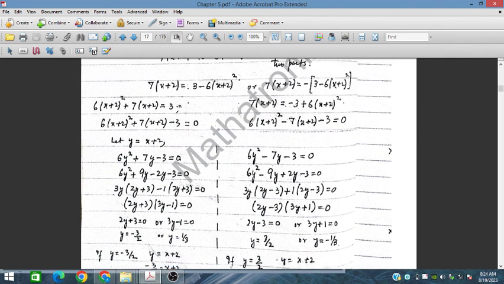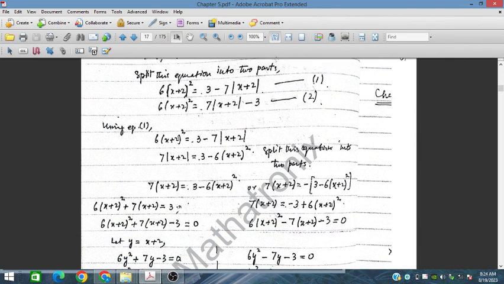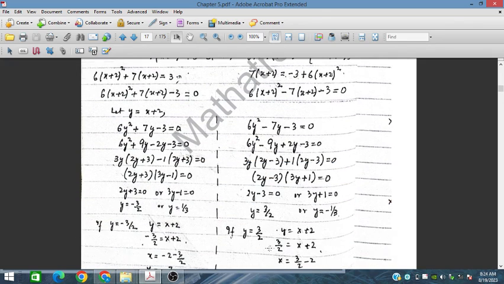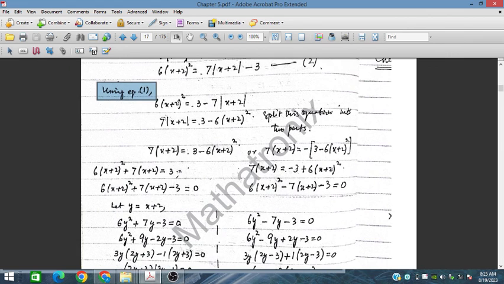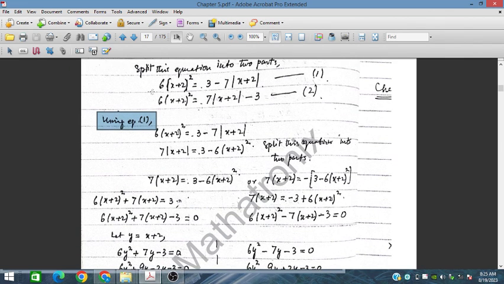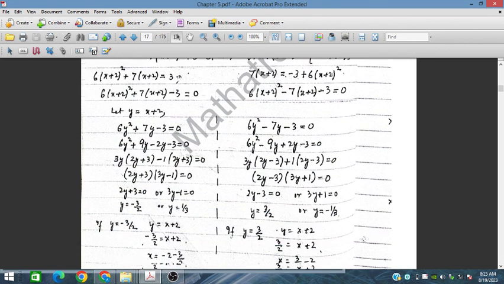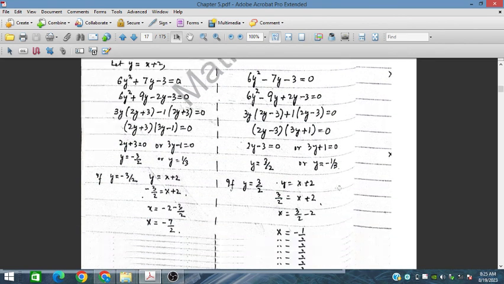By using equation 1 we have a dot here, and similarly the case 2 for equation 2. On the next page we have equation number 2, and we did the same activity with that equation.